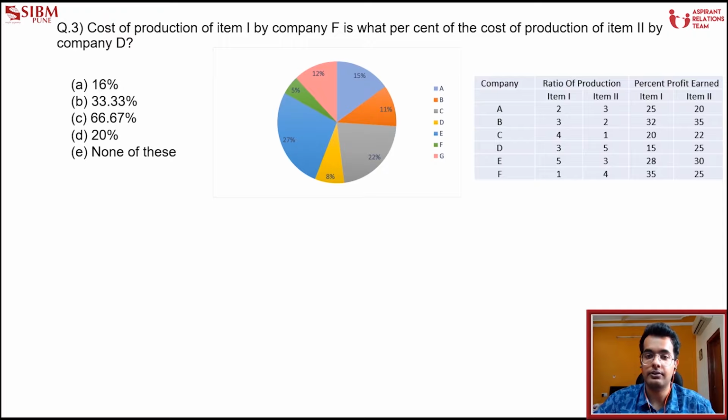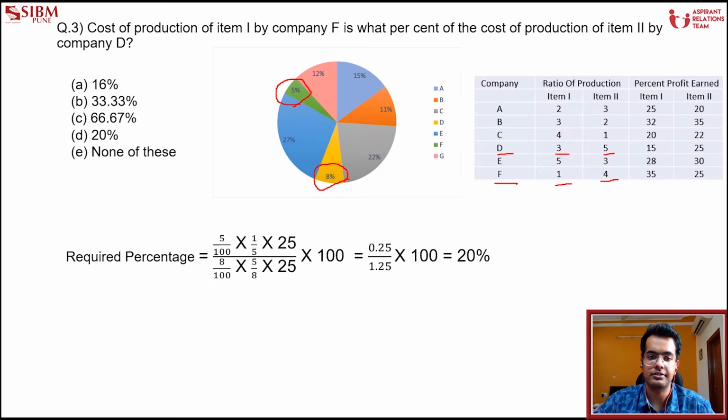First, try to demarcate the values that we need. For company D, we need the ratio of item 3:5 and the value 8%, because it's the percentage of total production. And for company F, we need the two values 1:4 and 5%, the green and the yellow. Okay, so let's go ahead and see the solution.